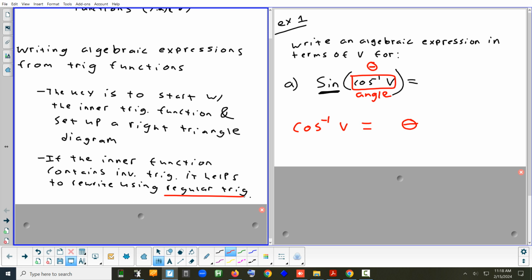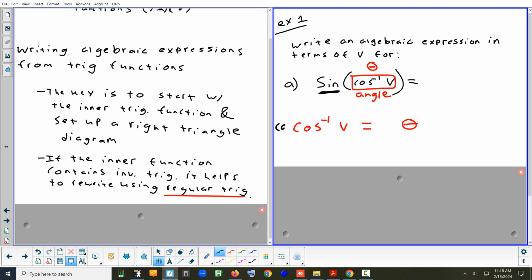Yeah? Cosine? Regular cosine, yeah. So what we're going to do, and you have to do it on both sides, we're going to take the cosine of everything that's on the left, and we're going to take the cosine of everything that's on the right. What happens when you take the cosine of the inverse cosine? It cancels out.